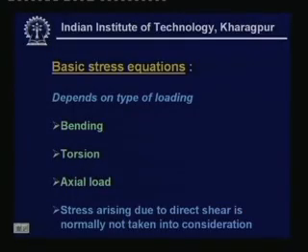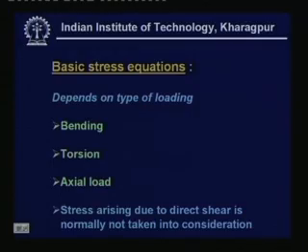So, in summary, what we can say is that a shaft can in general have loads like bending, torsion and axial load. Due to the bending load, we can have a basic stress equation.